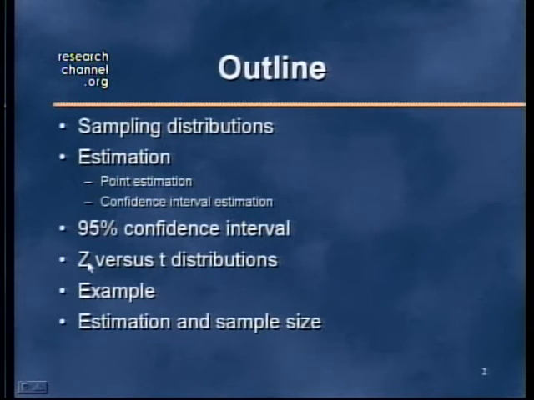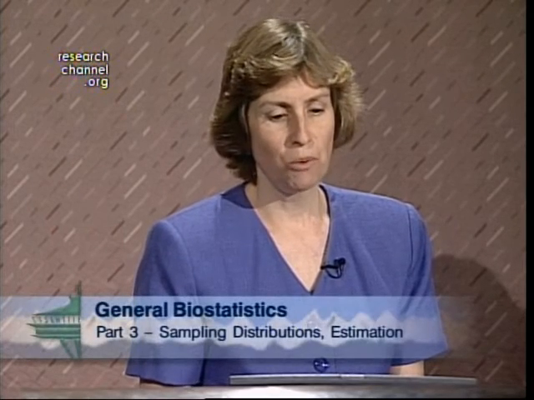We'll also see another distribution of interest to us, the t-distribution, and we'll wrap this all together in an example and then see how sample size is related to estimation. So, what's a sampling distribution? This is probably the most critical concept that forms the underpinning of making statistical inference.